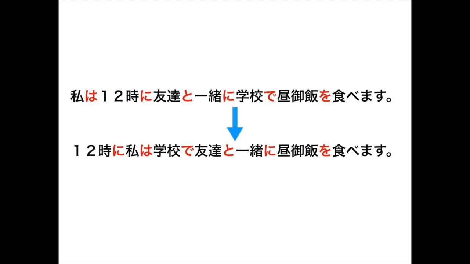So anyway, it's like the top one says, 私は12時に友達と一緒に学校で昼ご飯を食べます, which is I, at 12, with my friend, specifically, at school, I eat lunch. And then below that is 12時に私は学校で友達と一緒に昼ご飯を食べます, which is the same thing.